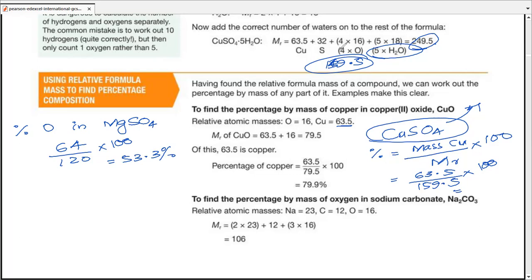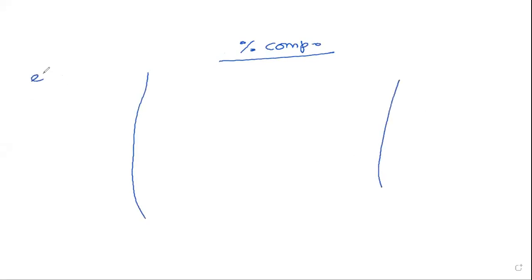I'm going to stop sharing over here, and I'm going to share a whiteboard screen so that we can go through percentage composition for all of its types in exams. Percentage composition is actually divided into 3 parts. The first part was for elements, which we already did for percentage of oxygen in MgSO4, and you did that correctly, right?